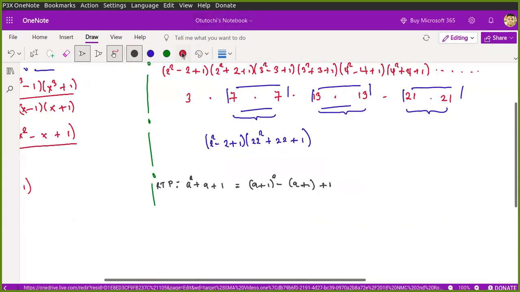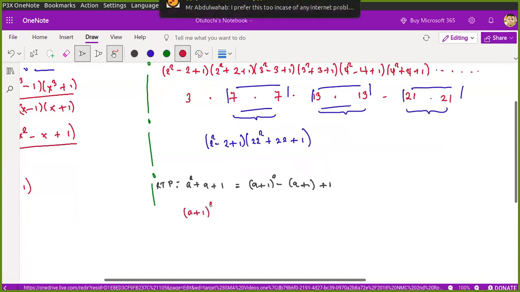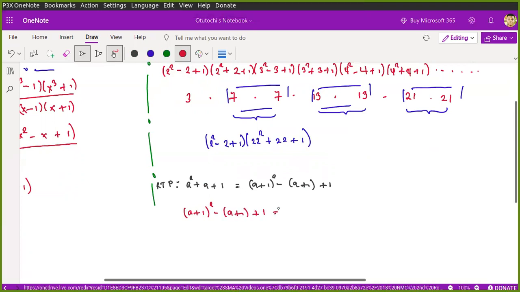And we can do this very easily, right? So (a plus 1) squared minus (a plus 1) plus 1 is equal to a squared plus 2a plus 1, then minus a minus 1 plus 1. And of course, that simplifies to a squared plus a plus 1, which was what we wanted.